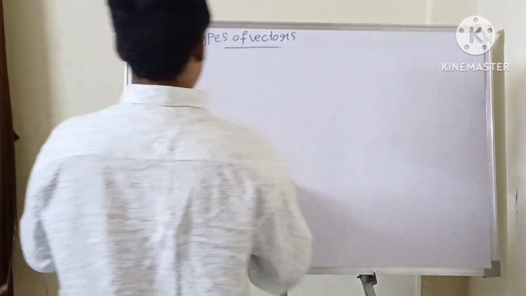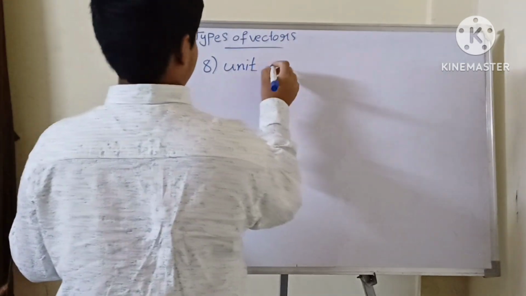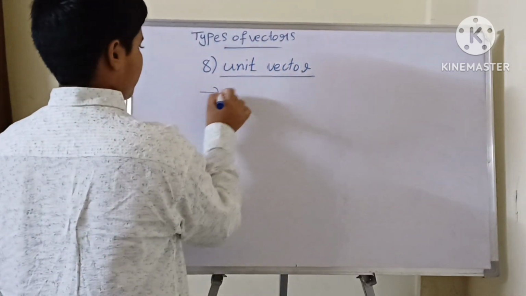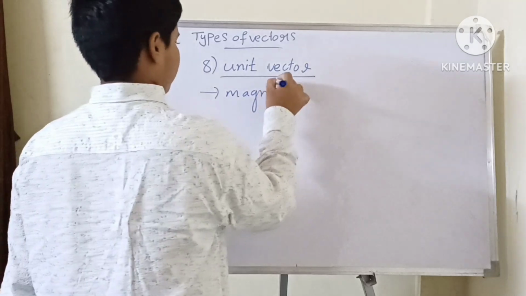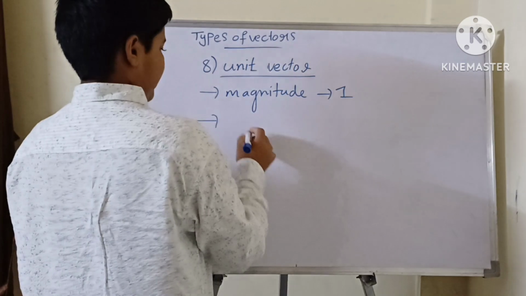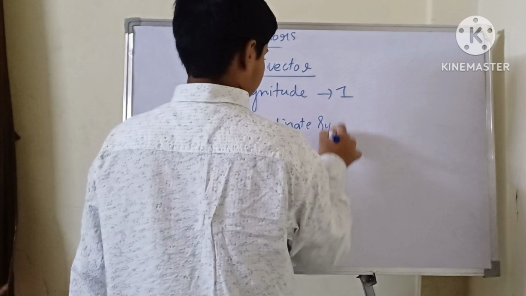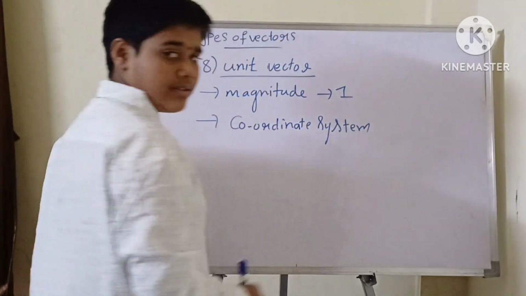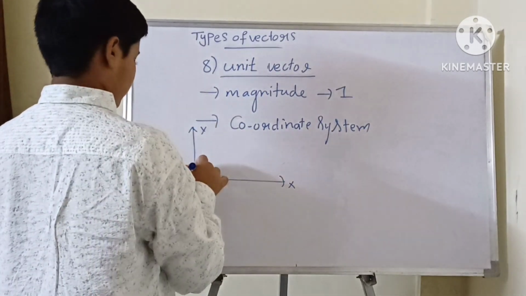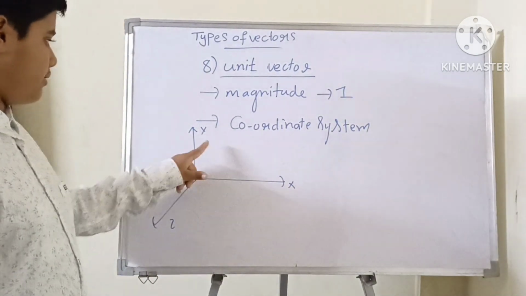Types of vectors, last but one and important: unit vector. Unit vector means it has magnitude 1. In the coordinate system, this is the x axis, y axis, and z axis.